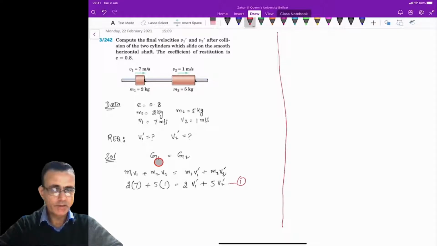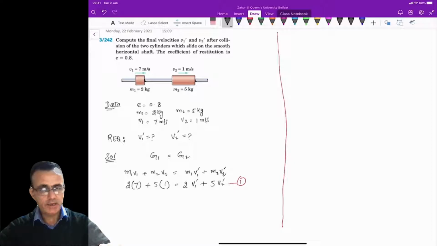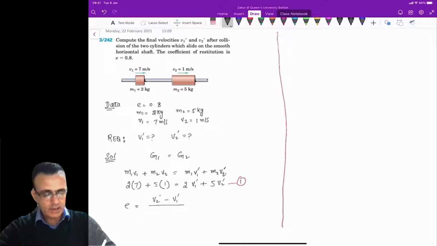Now we can derive another equation by using the coefficient of restitution. So we know that the equation for the coefficient of restitution, which is e, is v2 dash minus v1 dash divided by v1 minus v2, or we can say that it's the relative velocity of separation divided by the relative velocity of approach.